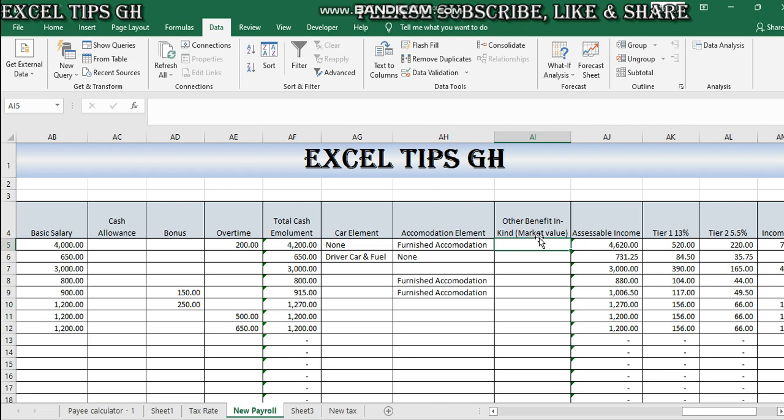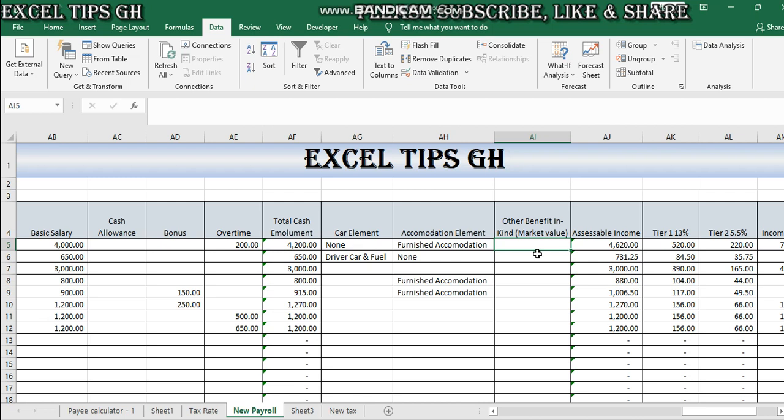But it should be noted that fuel coupons are benefit in kinds, and they shouldn't be added to the car element unless it is something that is frequently given. In such a case, it should be treated under the car element. But if it is something one-off, there is no need to treat it under the car element.